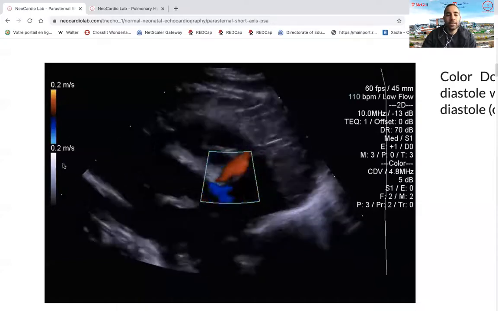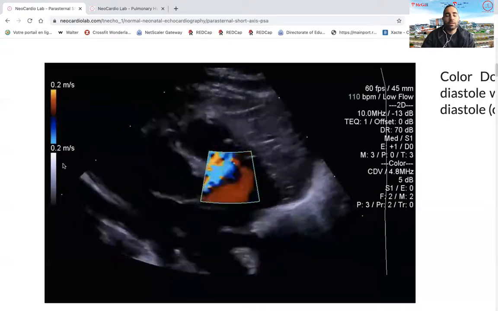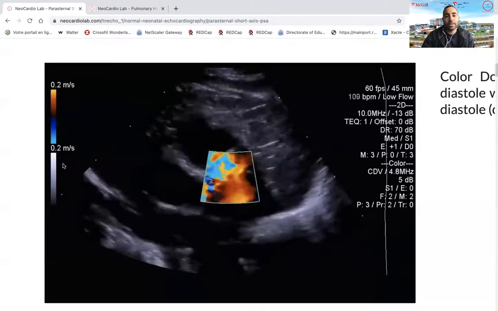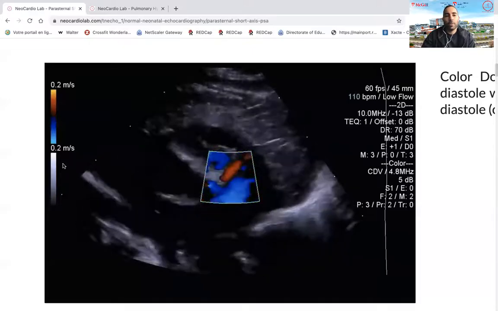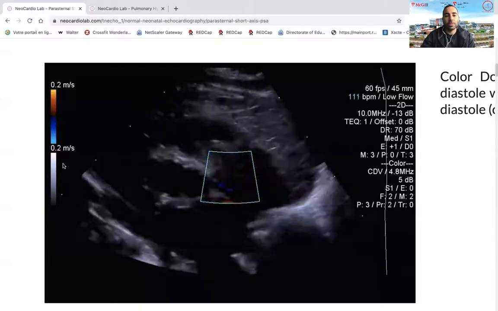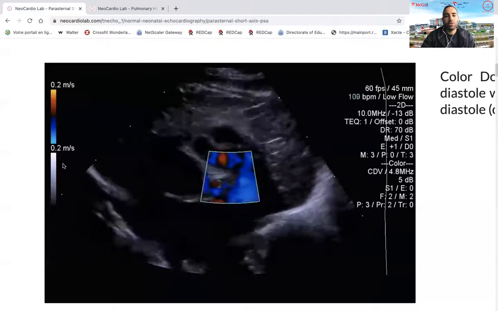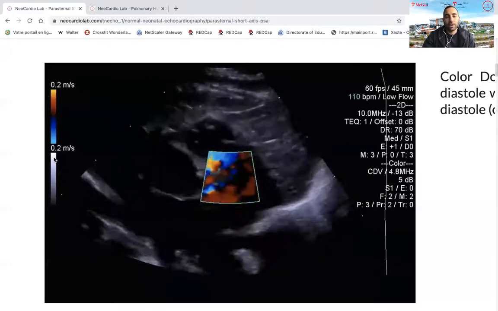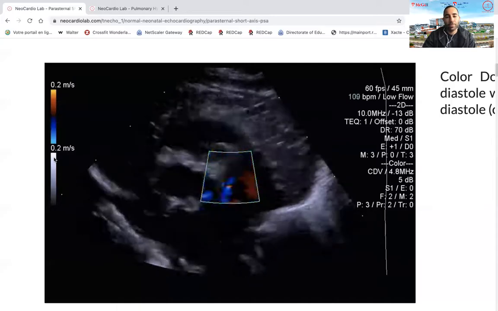And this is because the left coronary arteries are being filled during the diastolic phase of the cardiac cycle, but also the velocity of flow is typically very low. And so you have to use a filter that takes this into account whenever you're trying to see the flow through the coronary artery.